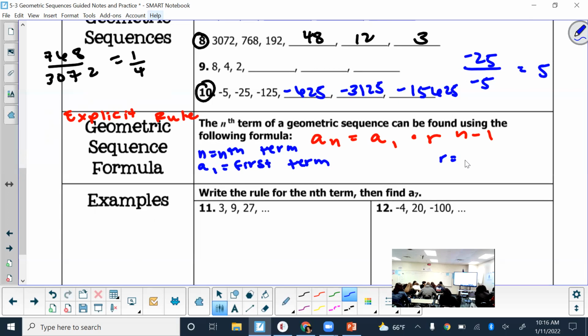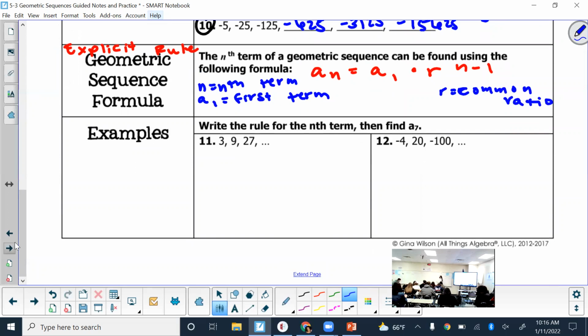It's what it was earlier when we did all these. Your common ratio. All right, so if you can identify your common ratio, which we just did a bunch of times today together, and if you can identify your first term, then you can use this formula to find any term in the sequence. All right, so we'll do a couple examples, you'll try some, and then you guys might even have time to start your practice.